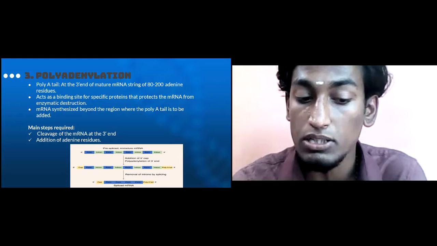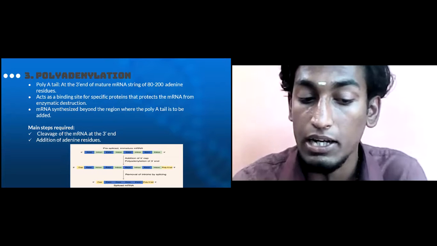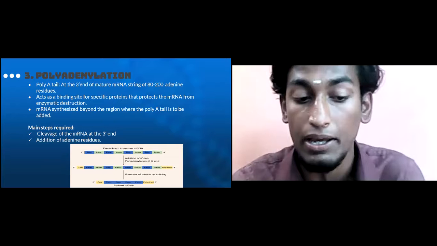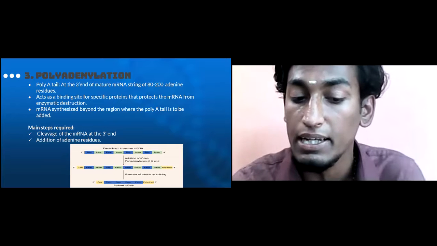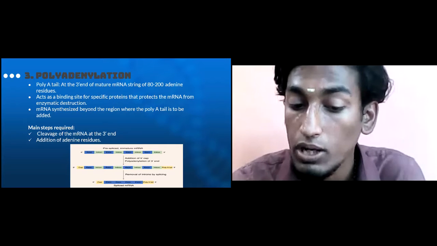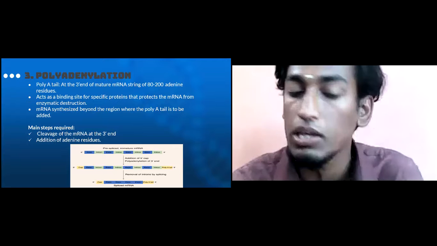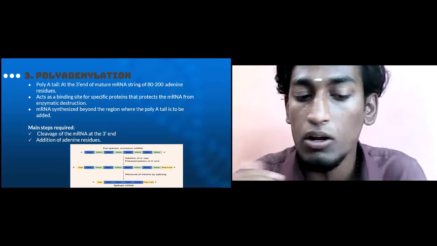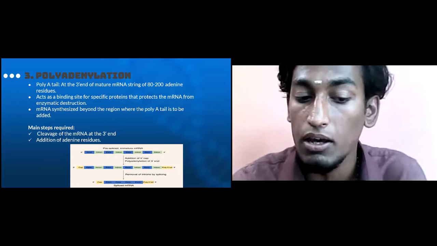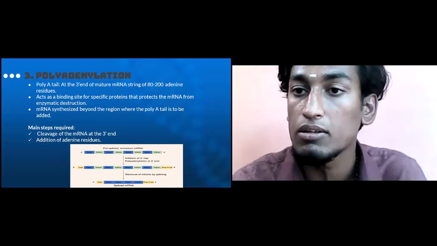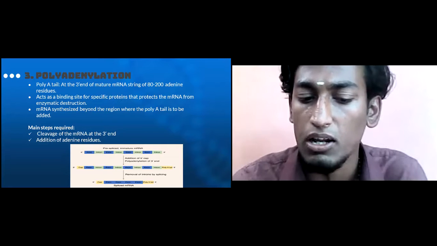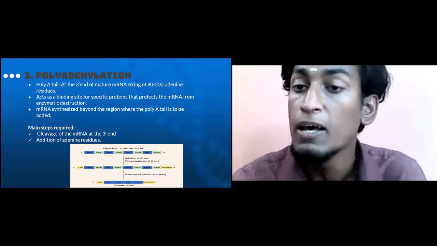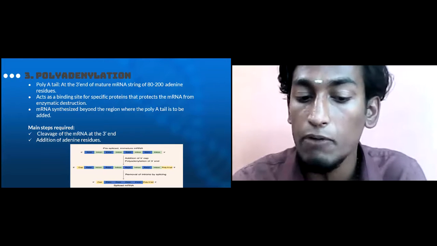The sequences both upstream and downstream of the cleavage site are necessary for the processing of the 3' end of the pre-mRNA. Generally, downstream of the cleavage site is a sequence rich in uracil nucleotides, or even in guanine and uracil nucleotides. On many mRNAs, the main function of the poly-A tail is that it increases stability and the time duration in which the mRNA remains intact and available for translation.